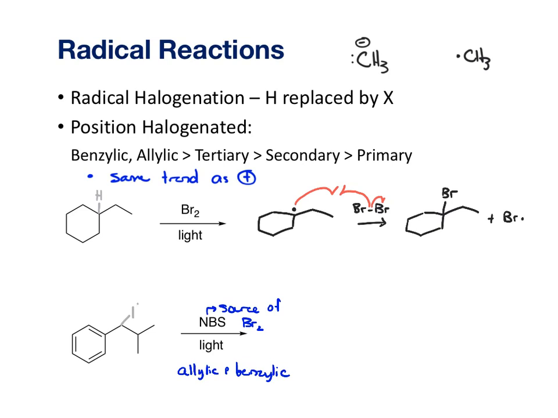In this case, that would be the two hydrogens here. One of those is abstracted to give you, this would be a benzylic radical, which is extra stable because it's resonance stabilized by the benzene ring. And then that will take a Br from Br2, give you the benzylic bromination product.